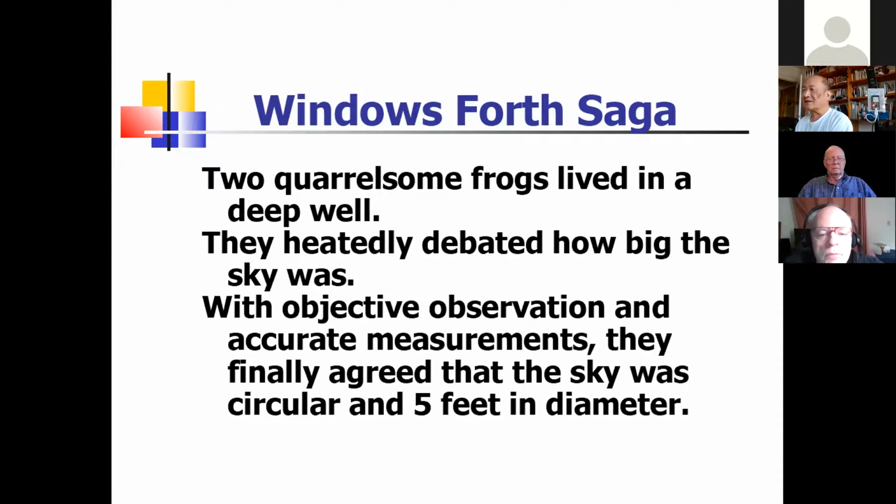Two quarrelsome frogs live in a deep well, and they heatedly debated how big the sky was. With objective observations and accurate measurements, they finally agreed that the sky was circular and 5 feet in diameter.